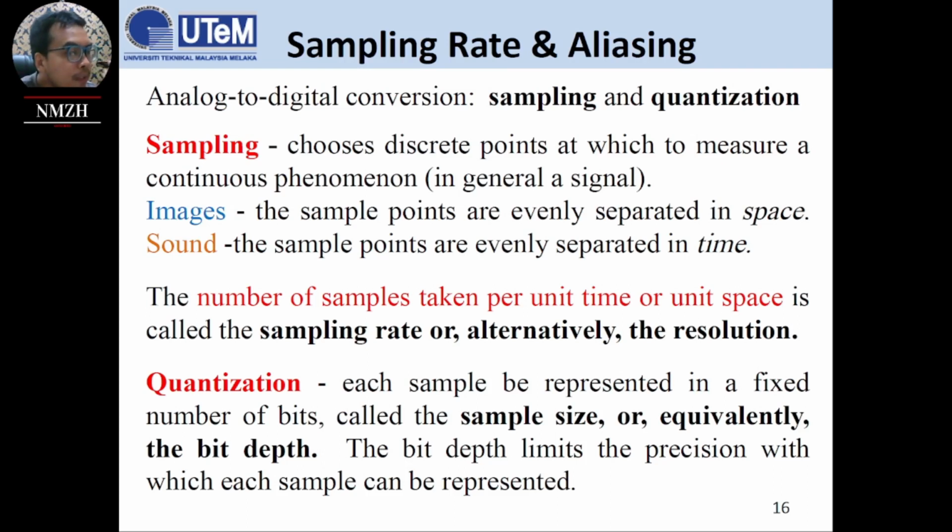The number of samples taken per unit time or per unit space is called the sampling rate. Whether we talk about images or sound, both have sampling. The samples taken per unit time, for example 1 second, or per unit space, for example 1 pixel, is the sampling rate, guys. Or we can say resolution.